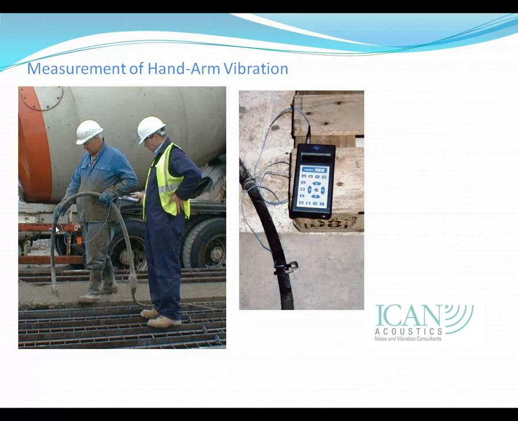You'll notice there's an accelerometer attached here, and a lead coming off that and back onto your device here, where you can measure the amount of hand-arm vibration. Now again, this accelerometer is close to the source. I would suggest it would probably be better at the point where the operator holds that device. So again, you need to be very careful as to where they are placed, which is critical.